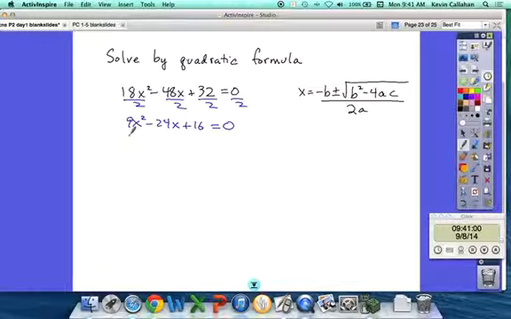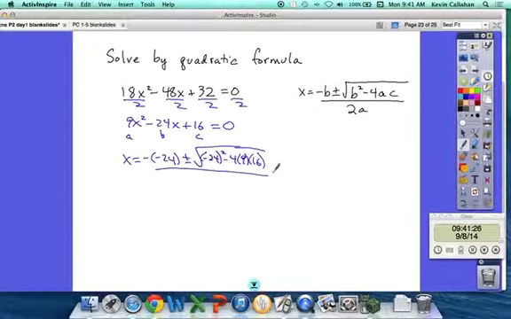Now we plug in. This is the A, this is the B, this is the C. So notice what happens here. We'll get x equals negative 24 plus or minus the square root of negative 24 squared minus 4 times 9 times 16, divided by 2 times 9.